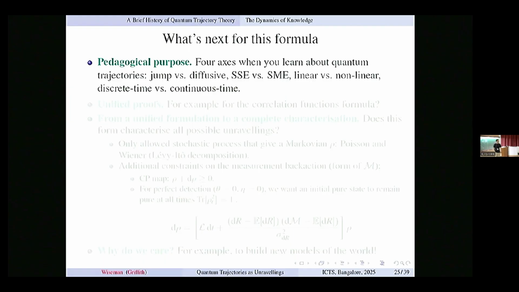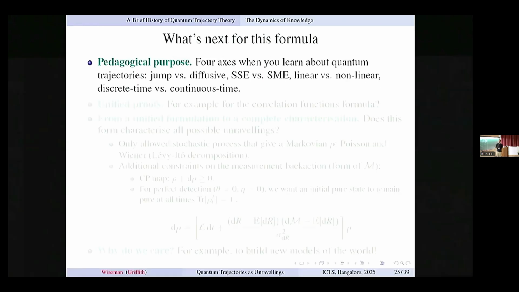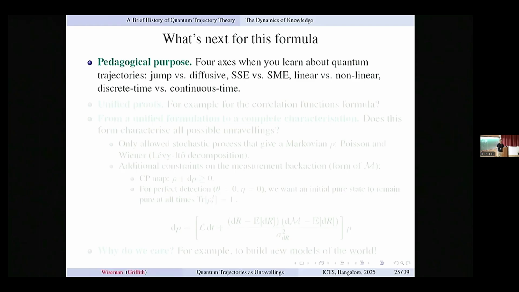Right, now what's next for this formula? First, I think it has some pedagogical purpose because it's very unified and it explains a little bit the measurement back action. I think it was hard for me to learn about quantum trajectories because you have 4 different axes, okay? You have jump versus diffusive, stochastic Schrödinger equation versus stochastic master equation, linear versus nonlinear, and discrete time versus continuous time.